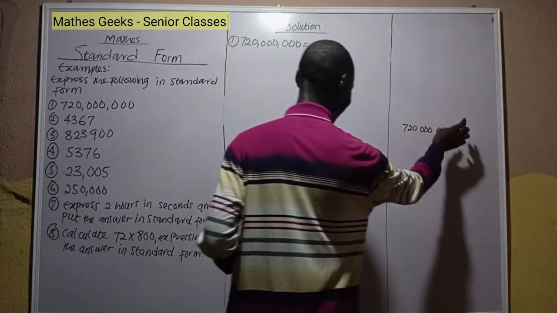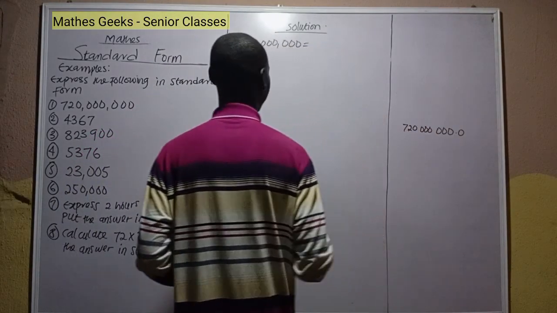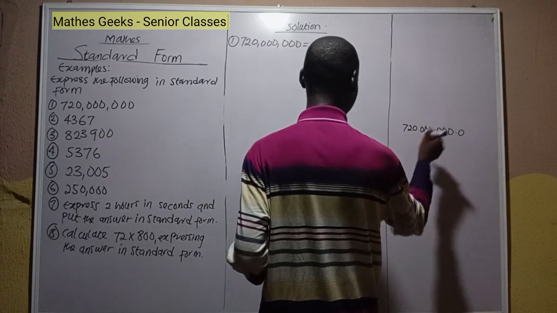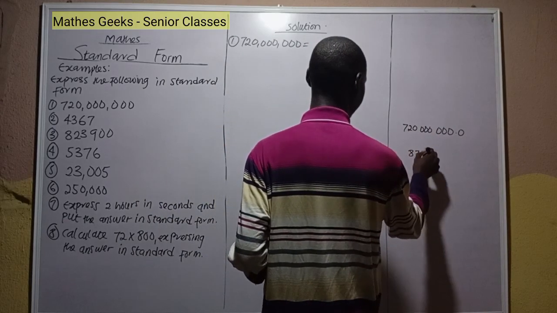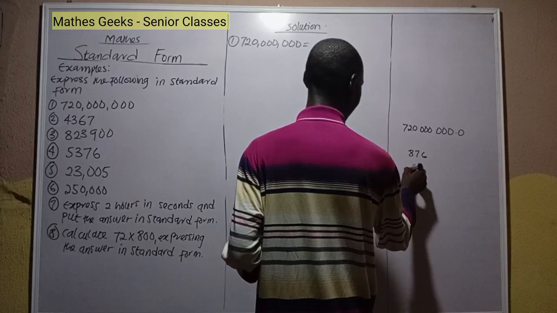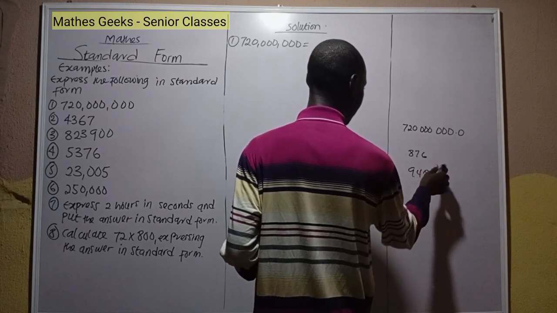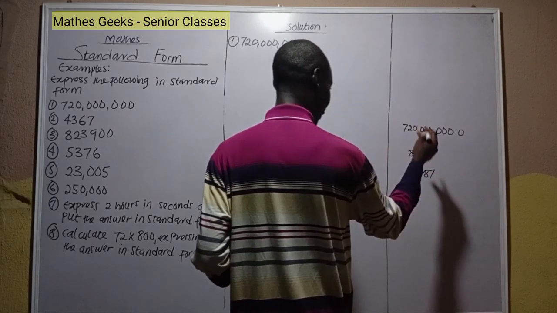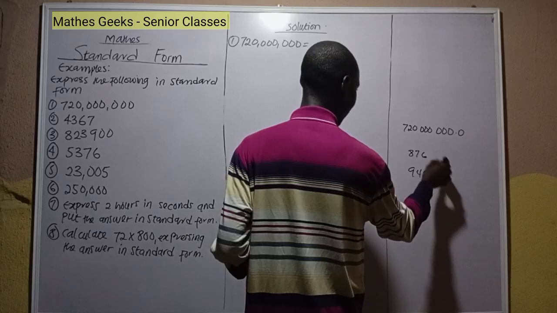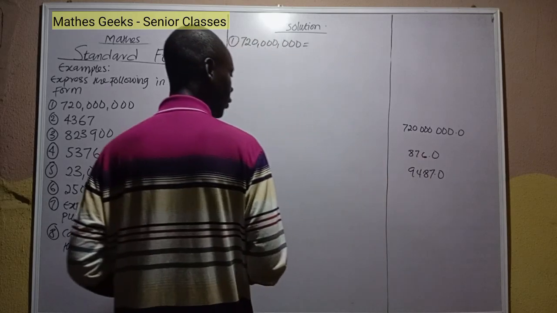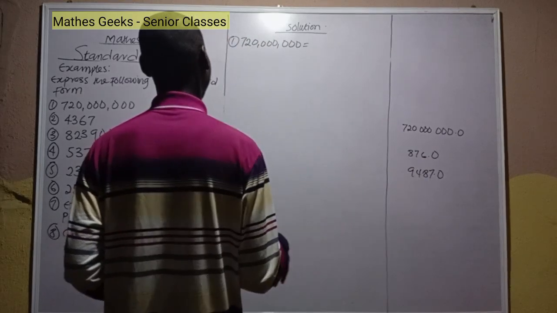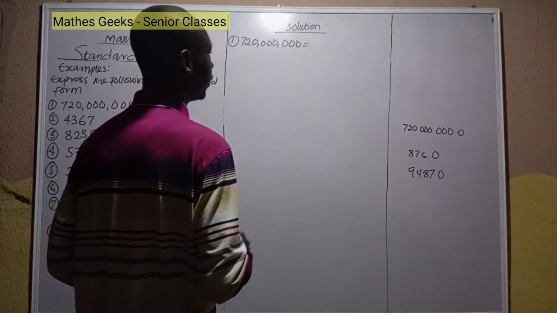Generally every number has a decimal point. Once the number is given, whether it's 876 or 9487, at the end of this number is the decimal point. So this is basic in understanding how to write large numbers in standard form.